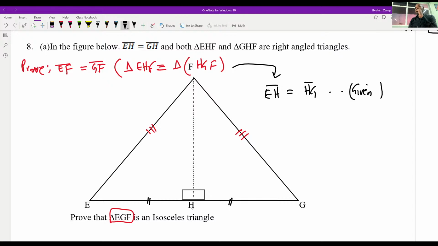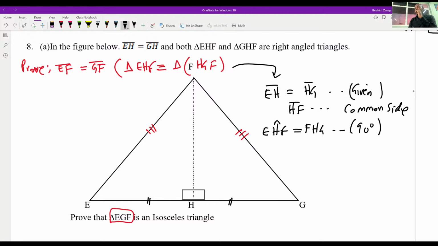But also HF is a common side. Then you have angle EHF equal to angle FHG. It is given that it is 90 degrees.